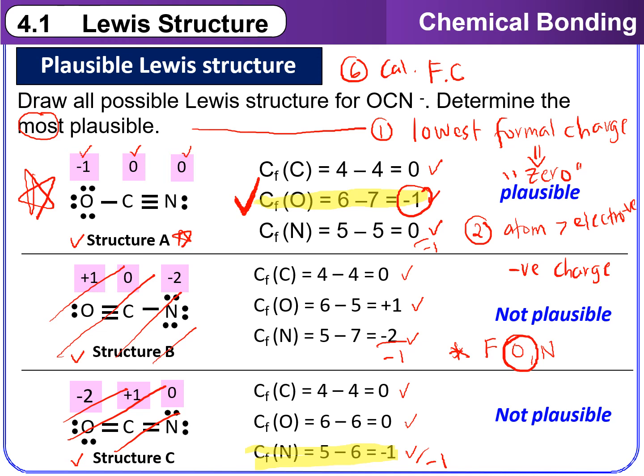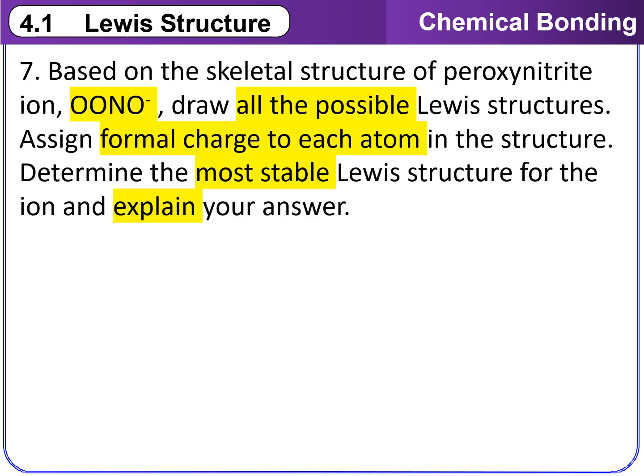Lewis structure. Okay, let's continue with tutorial question 7. Based on the skeletal structure of peroxynitrate, OONO negative, draw all possible Lewis structures, calculate the formal charge for each atom, and then identify the most stable and explain your answer.